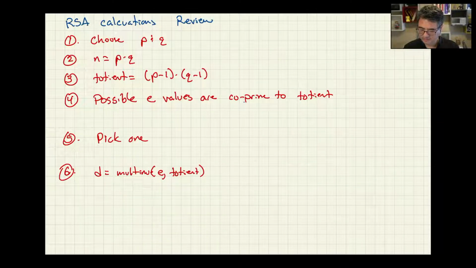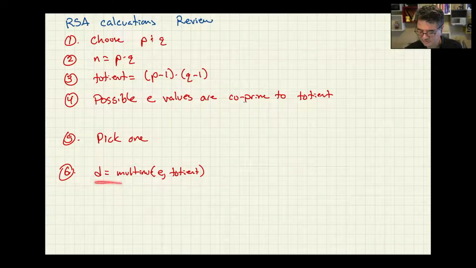Okay, so just as a review of the RSA calculations, you choose p and q, prime numbers. You multiply them together to make a product. You then calculate the totient by multiplying the totients together. Calculate some possible e values that are co-prime to that totient, and just pick one of them.